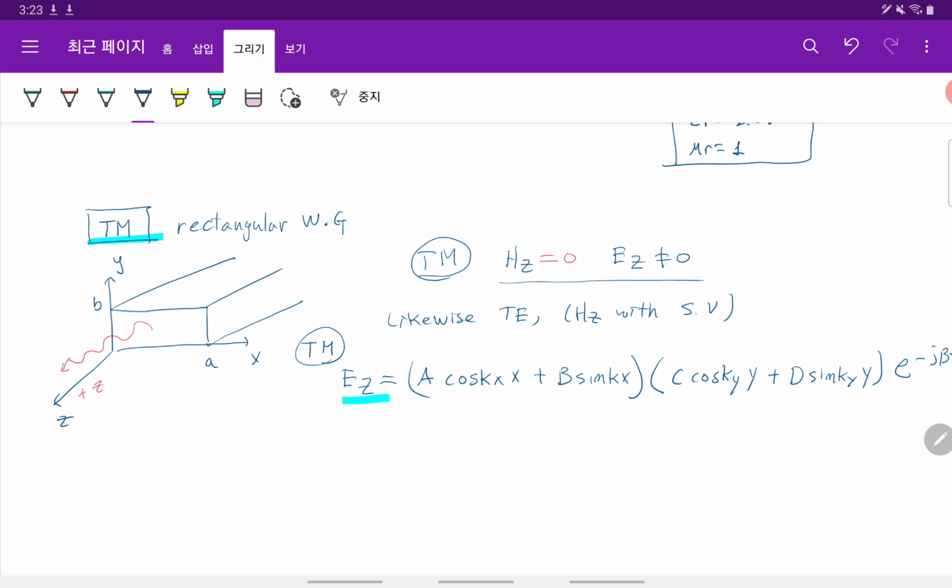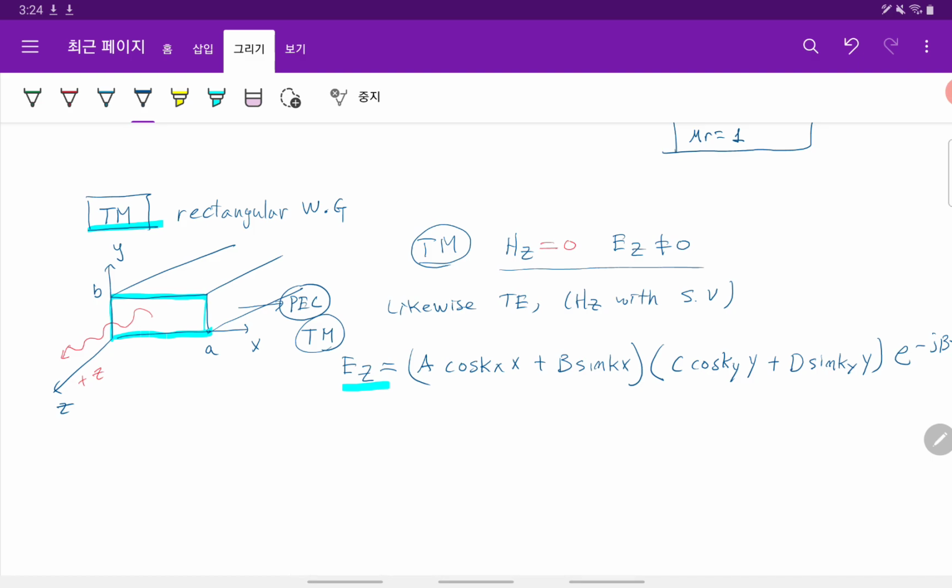From this waveguide, we know the boundary condition. That means the electric field at this boundary, this kind of metallic boundary, PEC, or high conductivity material, should have no tangential electric field at the boundary.